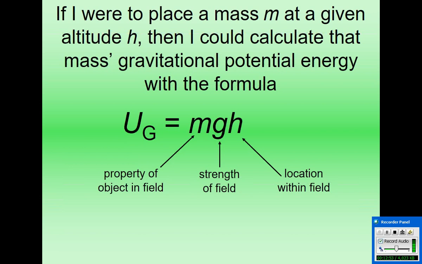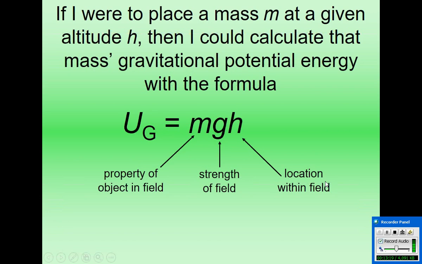Let's go back to gravitational potential energy in a uniform field, like near the surface of the Earth. The formula for gravitational potential energy near the surface of the Earth is mgh. Let's generalize that. M is the relevant property of the object in the field. G represents the field itself, and H represents a location in the field.